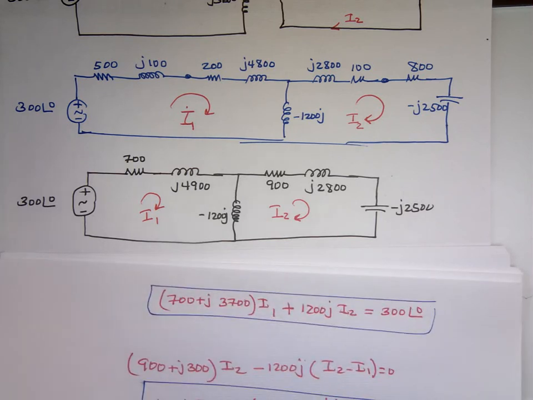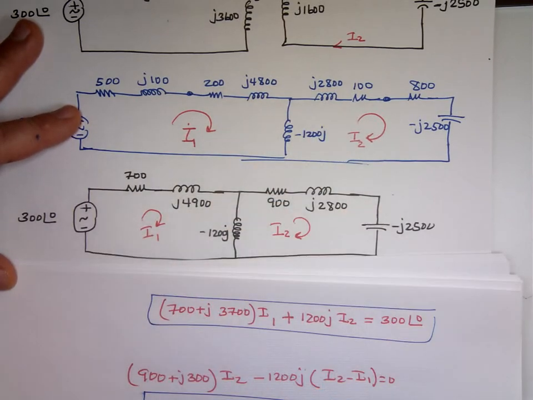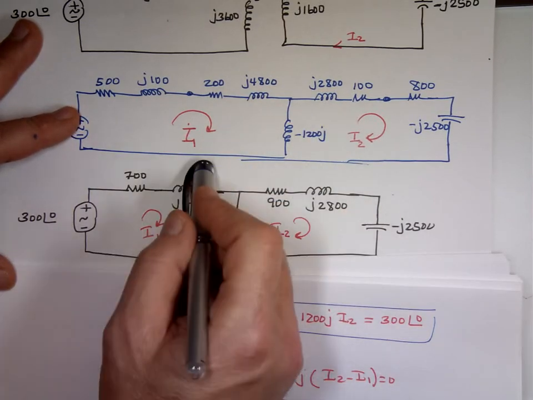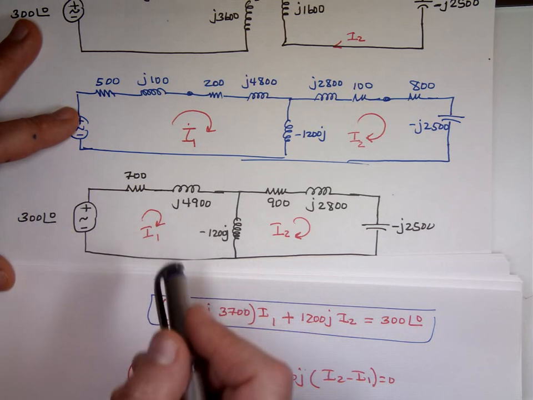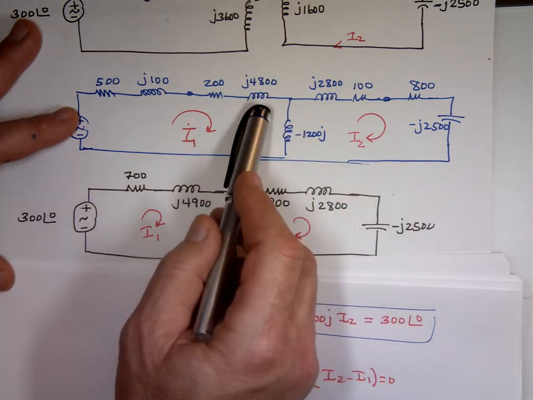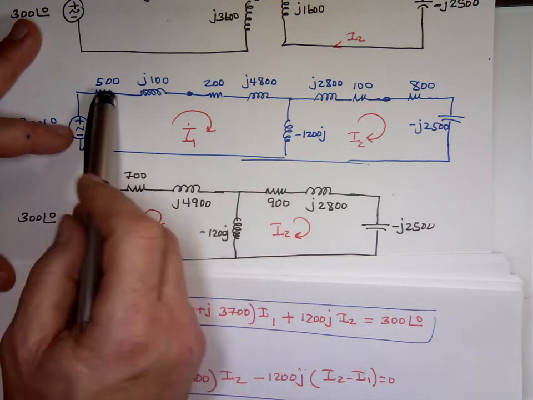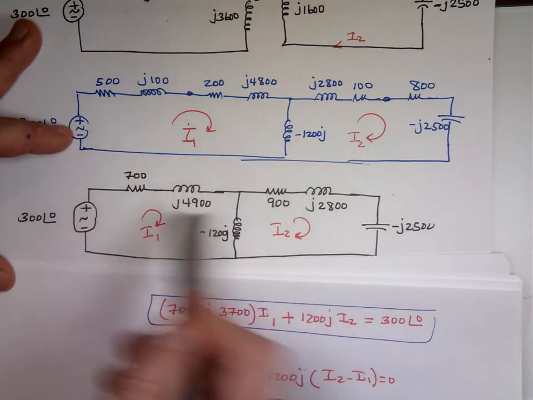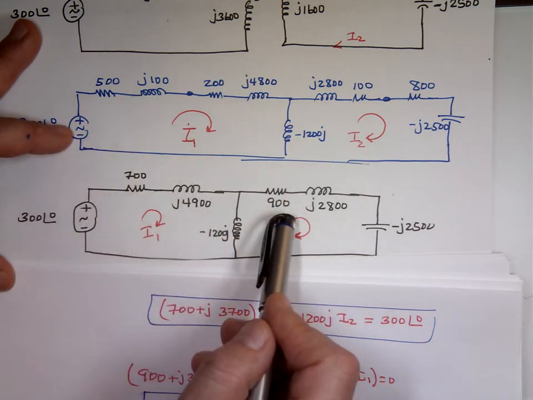I've got to check that. I'll check the other example on the other one. But that's what you do when they're both entering. We'll check and see if we made a mathematical mistake on the other one, because I think you made a mistake combining them, because on mine I got the right angle. When you combine them, what do you mean? I combined them all together to make like 700 plus J 4900, then 900 plus J 300 on both sides. Yep. And I got the right answer.